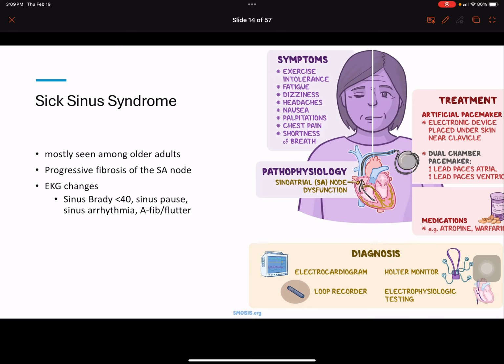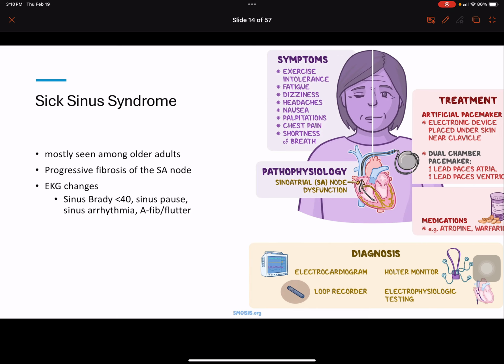So one of those things we talked about that causes that sinus pause or sinus arrest is called sick sinus syndrome. Sick sinus syndrome is, like I said, sinoatrial nodal dysfunction. It takes some special diagnostics, usually sending someone home on a Holter monitor to record and capture it.